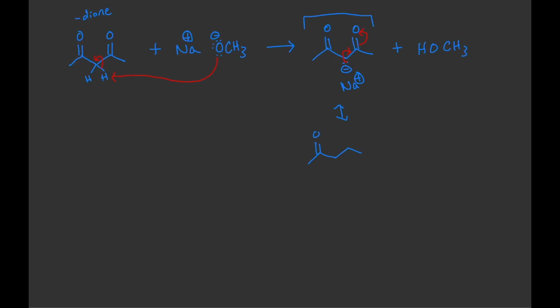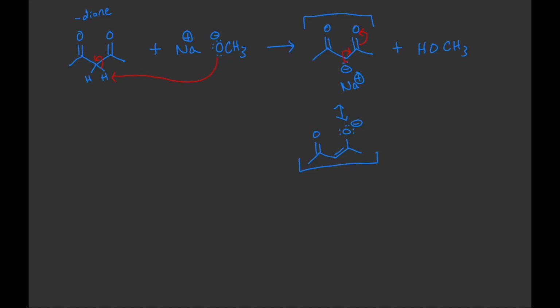And because oxygen is okay being negative, that is the form that we will see the compound stay in. And because of this resonance, attacking those middle protons is a viable option for the acid-base reaction. And it is the primary reaction that we see.